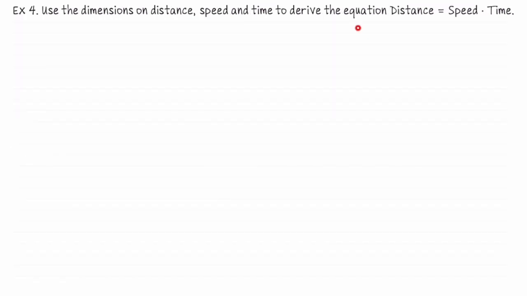Let's start with the three quantities I keep mentioning: distance, speed, and time. What we're going to conclude is basically a version of distance equals speed times time. We don't know this yet, but suppose that we know that there's a relationship between distance, speed, and time. Step one is just to identify the players involved and find the dimensions of them.